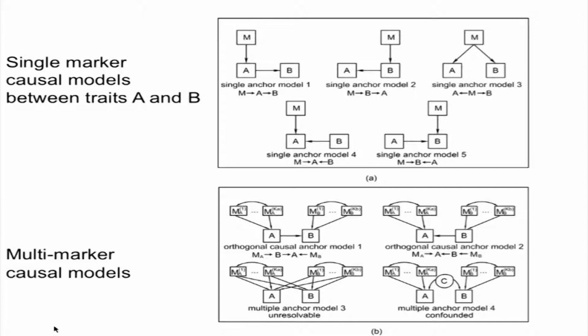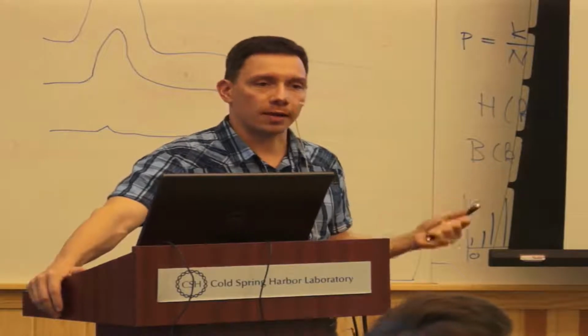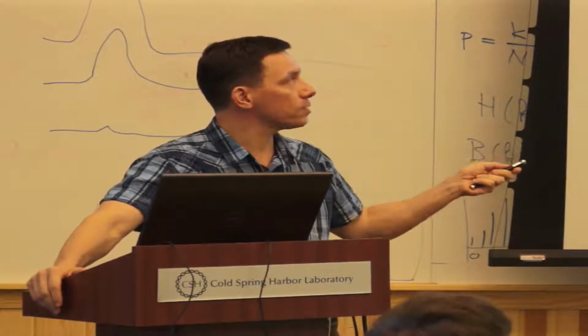But there could also be other causal scenarios. It could be that the SNP affects B and B affects A. Or it could be that the SNP affects both A and B at the same time. Or this or that. So there are different causal situations. What these structural equation models do is produce a fitting index, a p-value, that measures how well your data fit a causal situation.